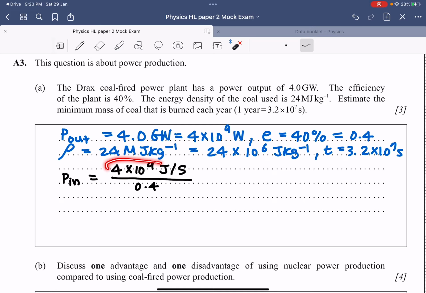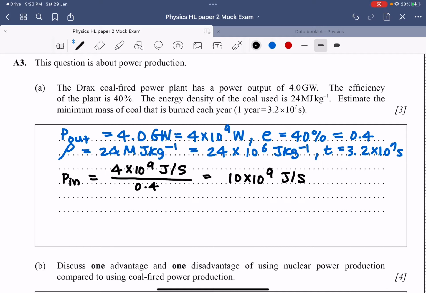Hence, this is our energy, and this is time, and 0.4 is our efficiency, which does not have a unit. So we can just divide it. And if you put it in your calculator, it'll give you 10 times 10 to the 9 joules per second.